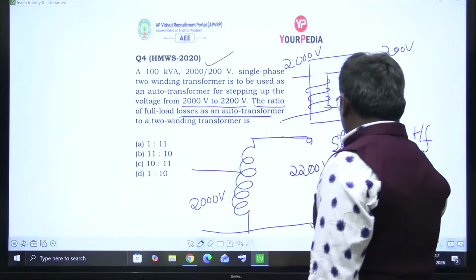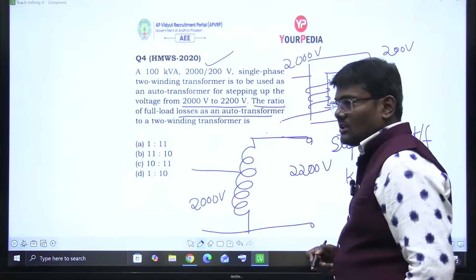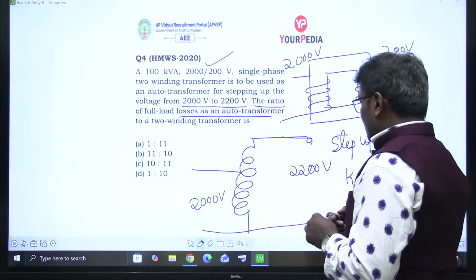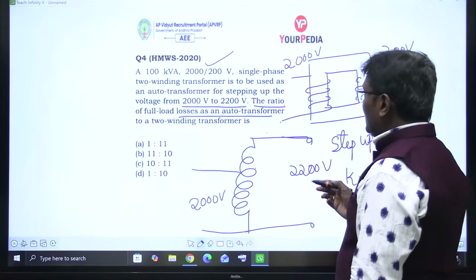So what is the transformation ratio of this auto transformer, V2 by V1 or N2 by N1?